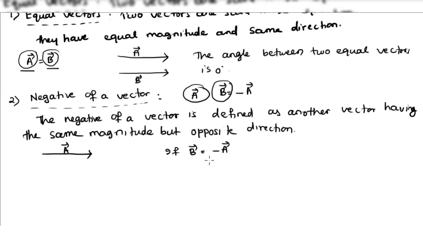Since B vector and A vector have the same magnitude, the length of the two lines must be the same. But the directions of these two vectors are opposite to each other. It means the arrowhead should be opposite to each other.